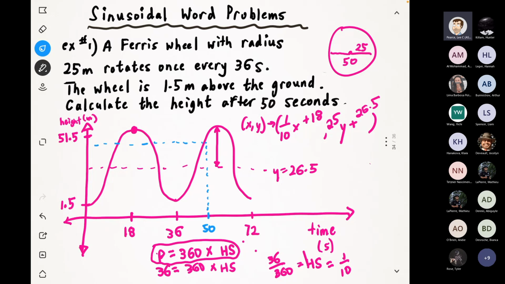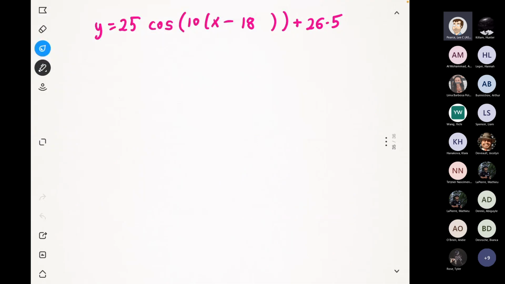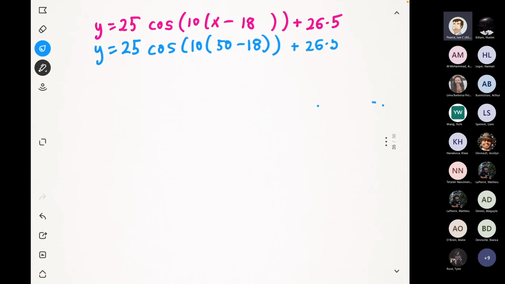So I'm going to put in 50 seconds as time, it's X. So what I'm going to do is put in 50 for my X value. And then from there, the calculator does all the work, but you have to do the order of operations.